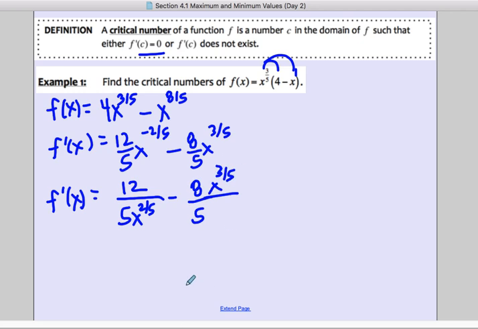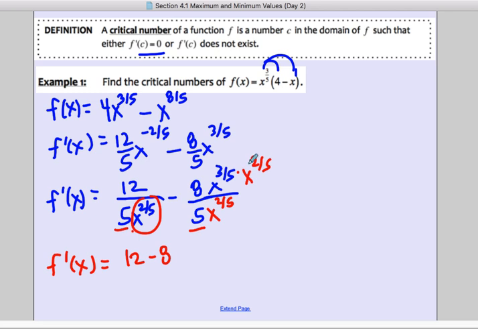And in order to figure out where it doesn't exist and to set it equal to 0, we're going to need a common denominator. So let's get a common denominator. This has a 5, this has a 5, this has an x to the 2/5, this one does not. So we have to multiply by x to the 2/5, which actually is going to make things a little easier for us. So our first derivative will be 12 minus 8, and here's where the nice part comes in.